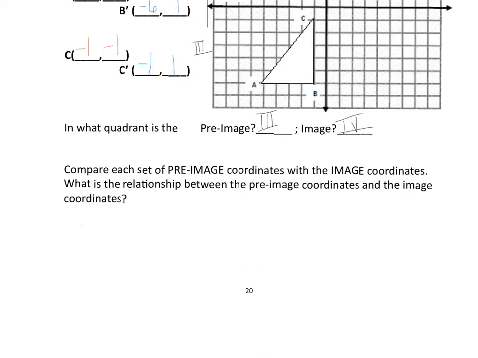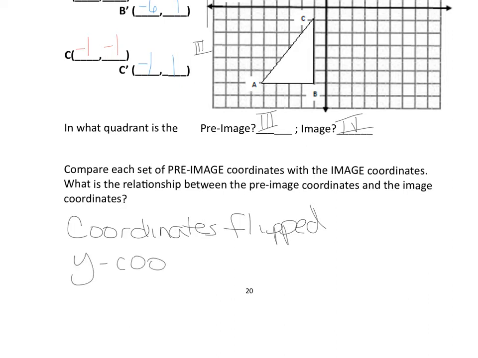Hopefully you've noticed that, once again, the coordinates flipped. And this time, the y coordinate is positive.